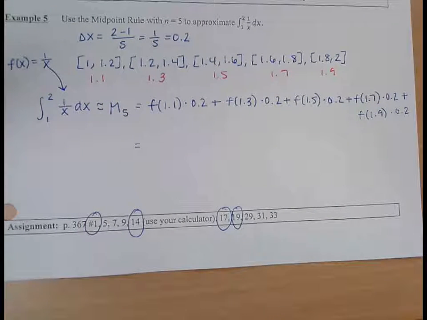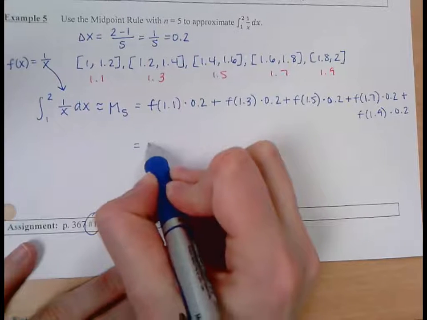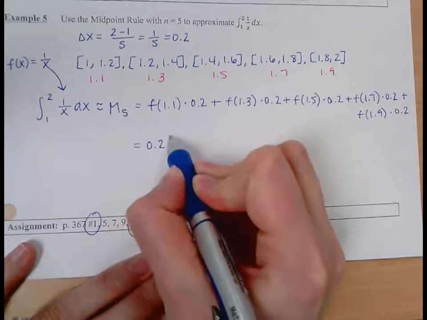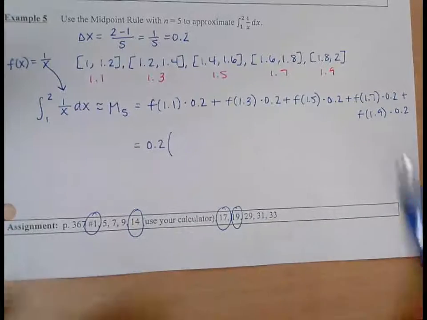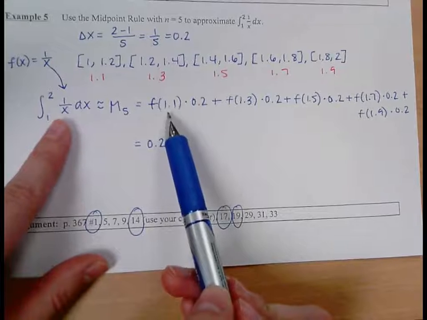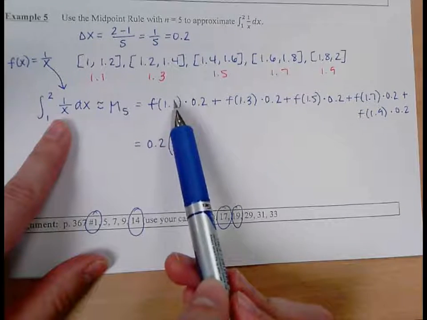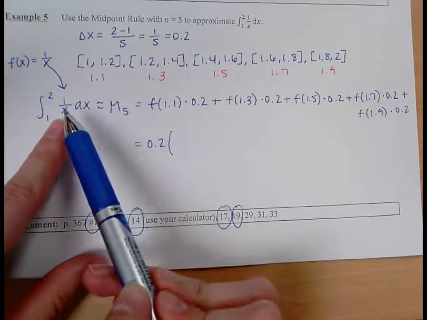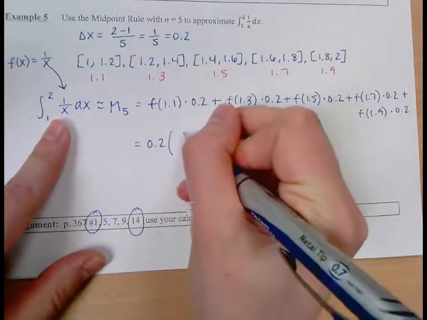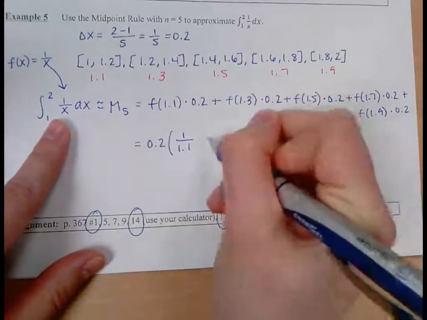Okay, so then what I'm going to do here, all of them have the same width of 0.2. I could have done this right away, so I'm going to factor that out and just say 0.2 times the sum of all of the heights. So f of 1.1, you'd be plugging 1.1 into 1 over x. So that height would be 1 over 1.1.